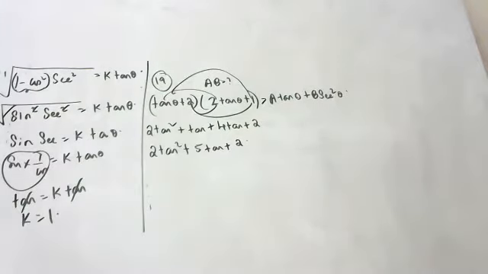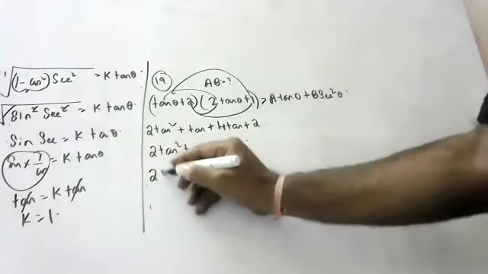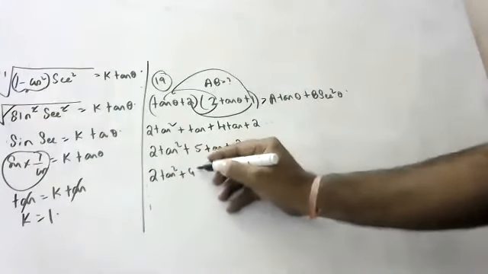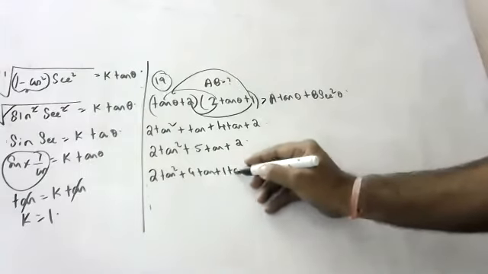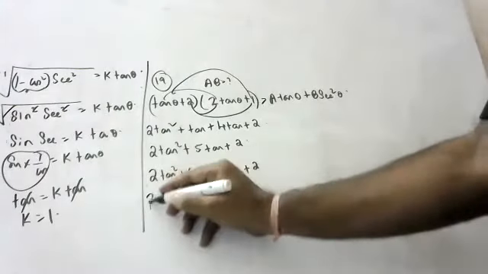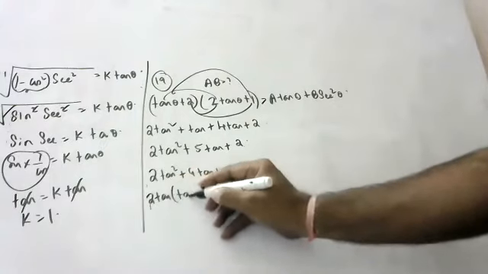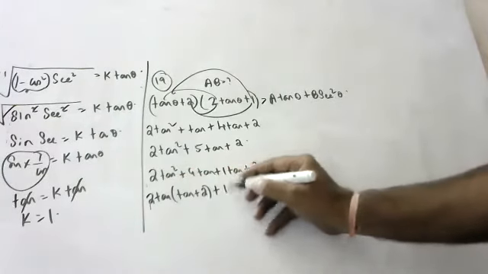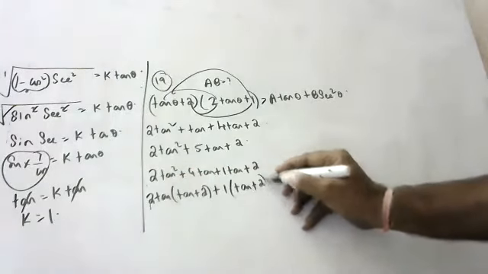Splitting into 2 tan square plus 4 tan plus 1 tan plus 2, because 4 plus 1 is 5. If you take 2 tan common, 1 common, tan plus 2.